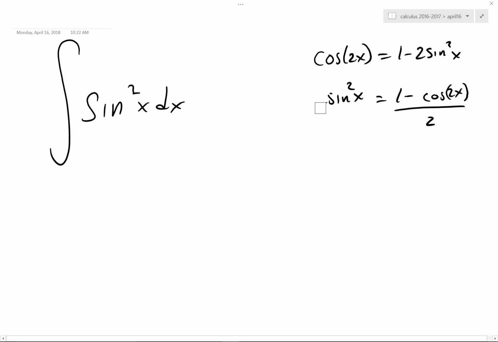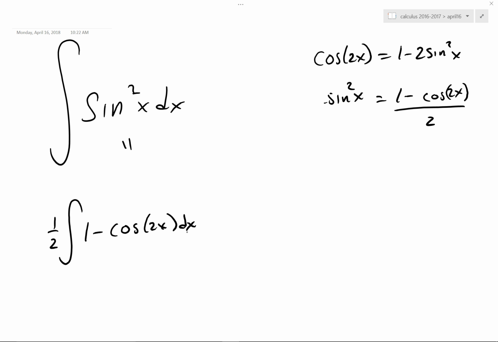Is that true? And then that's it, right? That's what I want. So this is equal to, I'm going to pull the half out, this. See? I almost square rooted, then I'd have been screwed. I didn't want to square root, I want to solve for sine squared, and I did. Good? Let's do this thing.